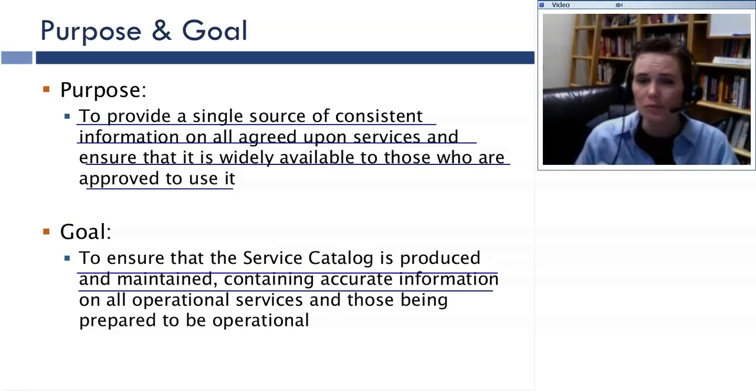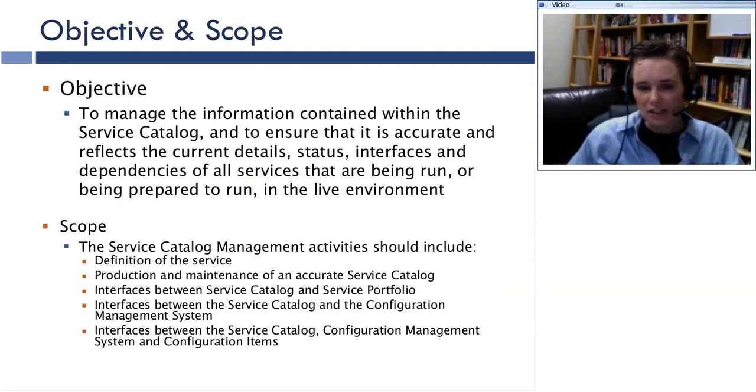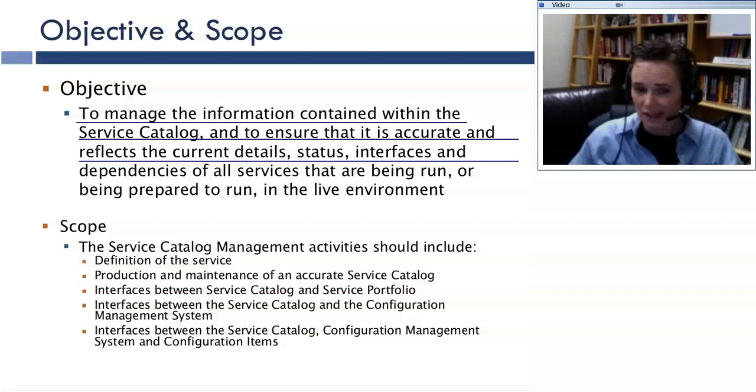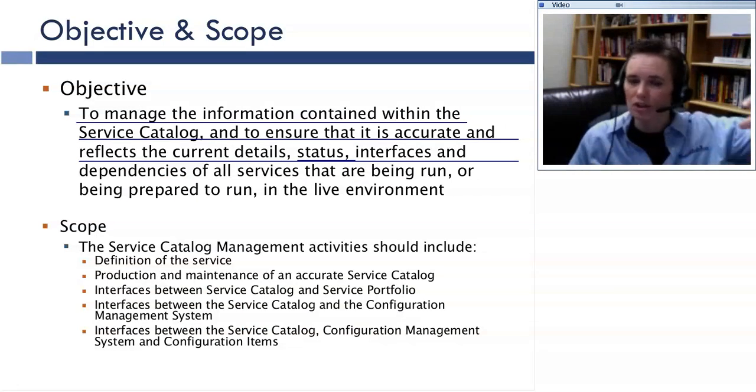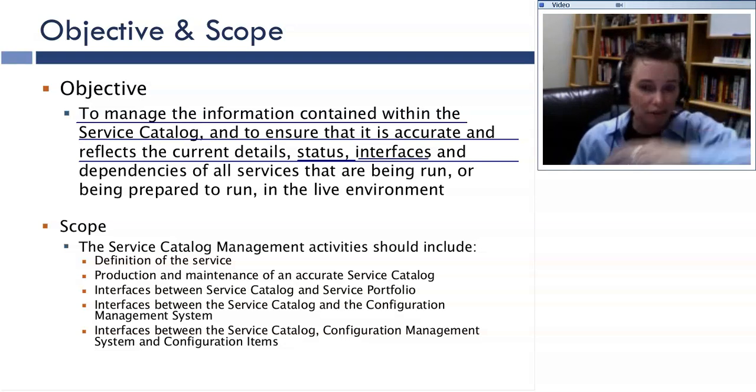So this is why the process is so important to have behind the scenes. We need to keep the information accurate, and that's what this process is meant to do. Our objective: to manage the information contained in the catalog to ensure it's accurate, reflects the current details, service statuses, the interfaces, which is, remember that picture where we showed the business process, the service that the business is using, and the related IT services.